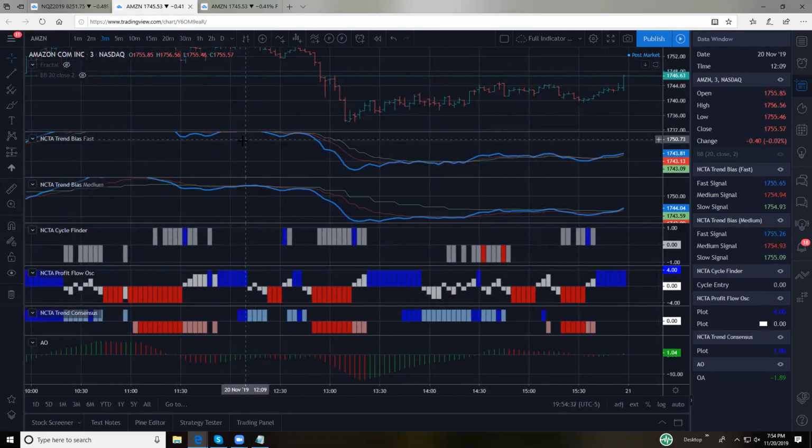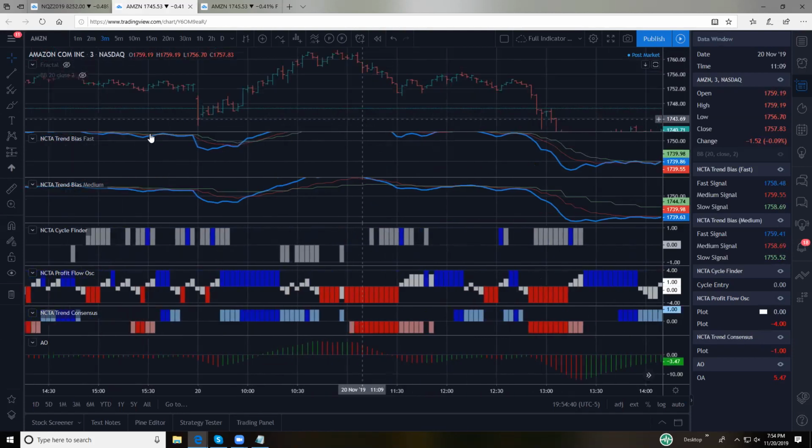If I go back to yesterday, maybe I'm already at yesterday. Yes, here we go. Just visually, look at where the market opened and where Amazon went yesterday. Do we have a signal?